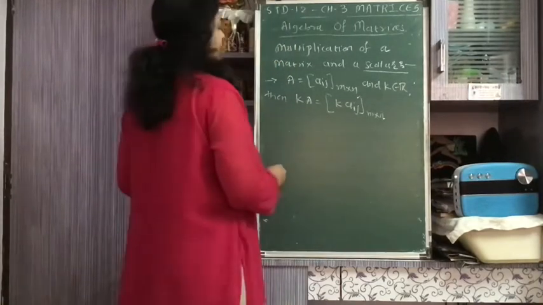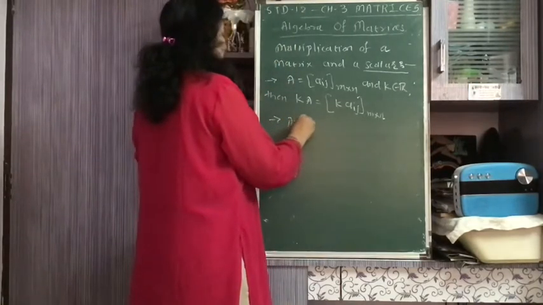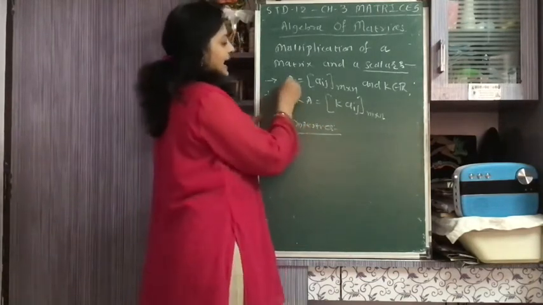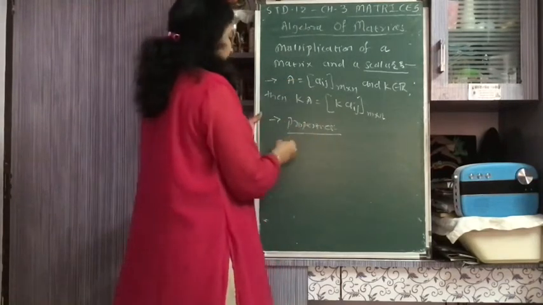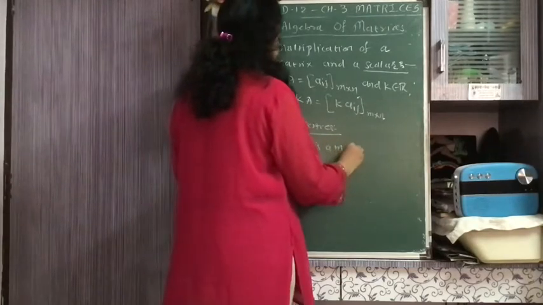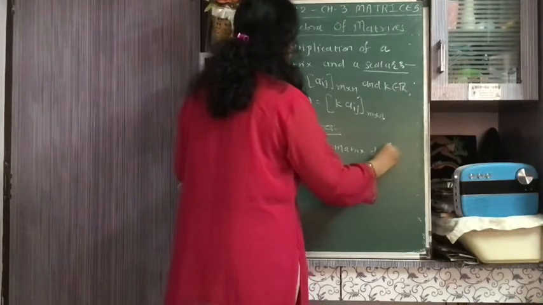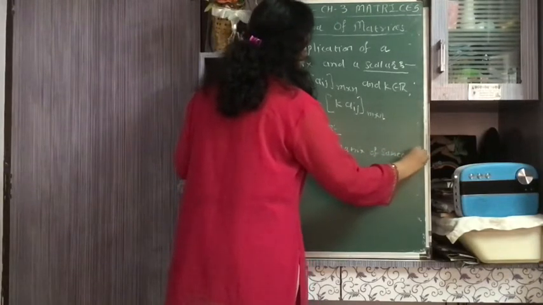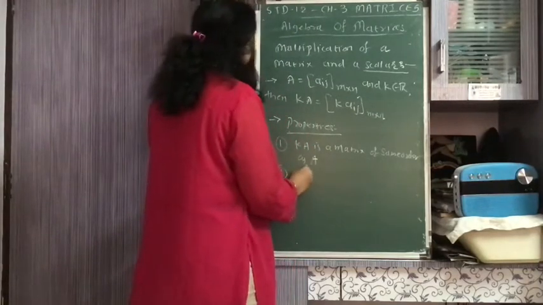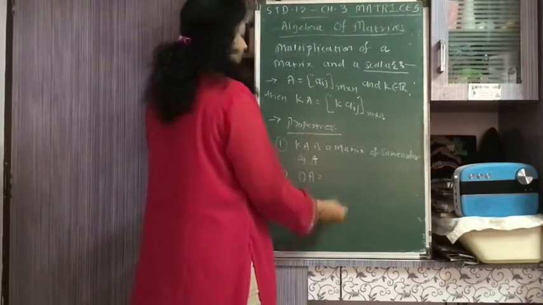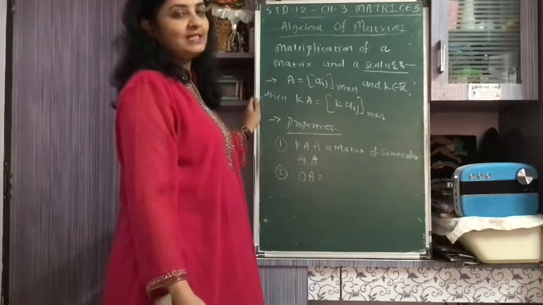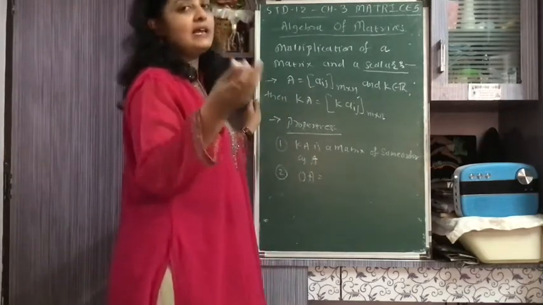Now we go to the properties of scalar multiplication. As you have seen, A is a matrix, k is a scalar, then kA is also a matrix of the same order as A. Second, if I multiply a null matrix to A, 0 into A, that is every element of A is multiplied with 0. So what do we get? Yes, of course we'll get a matrix whose all elements are 0.